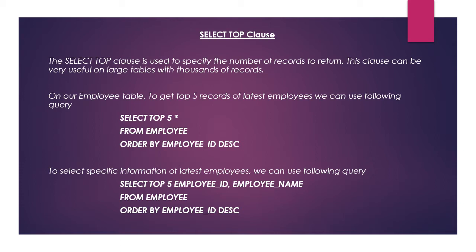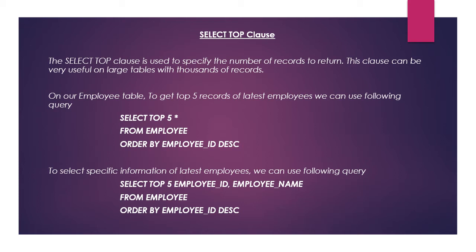I have written some examples on this, that is select top 5 star from employee order by employee ID descending. This will get top 5 records of latest employees from the table. When we want only specific information of employees, we can use the following query.